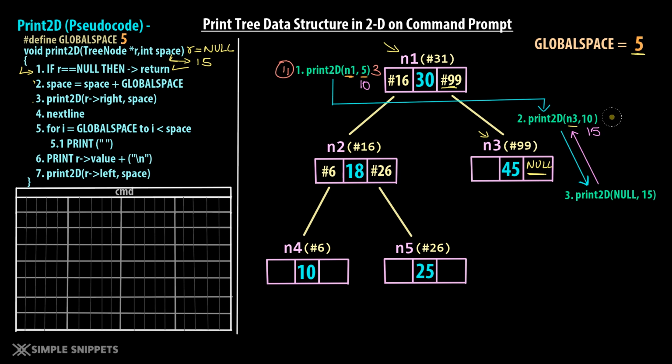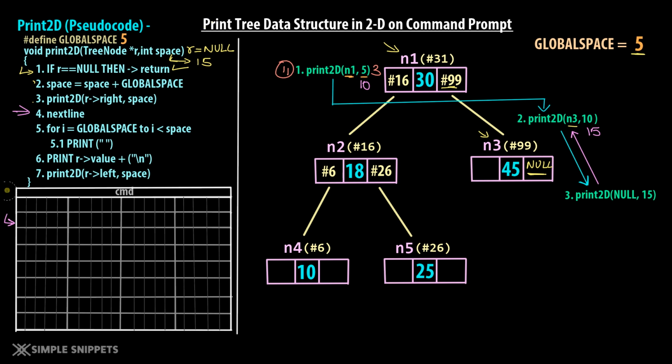I'm going to erase this because it will continue its execution from step 4 now. On step 4, for the second print2d, we are saying next line. So this next line instruction is nothing but instructing the cursor on the command prompt to come on the next line. So by default, we always start from the first line on the command prompt, but after executing step 4, we will come to the second line.